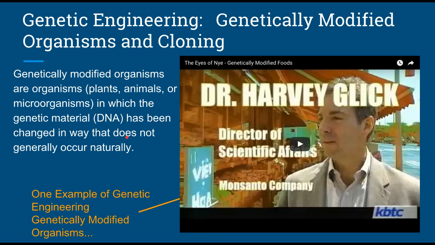So selective breeding and natural selection both occur fairly naturally. Selective breeding has a little bit of a push, but when you're talking about genetic engineering, we're talking about manipulating the DNA. Humans are manipulating the DNA of other organisms in ways that would never occur naturally.